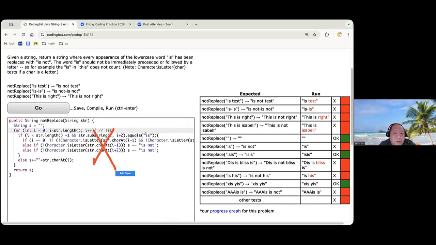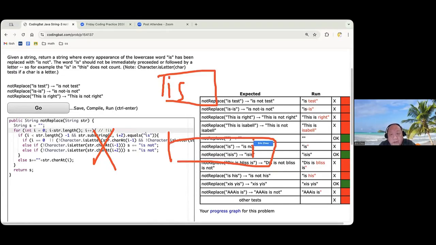This is still wrong. Your I is maybe at the beginning, it may also be at the end. So at the end, you check what? You'll be out of bounds.